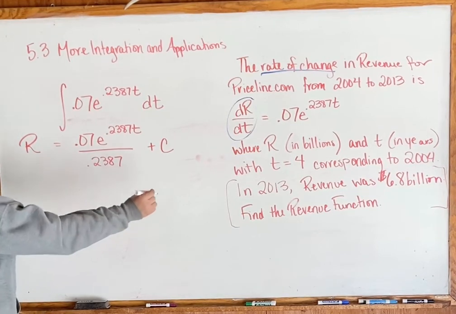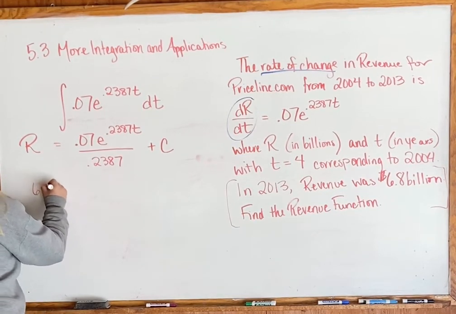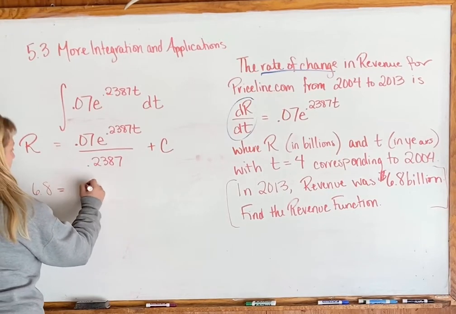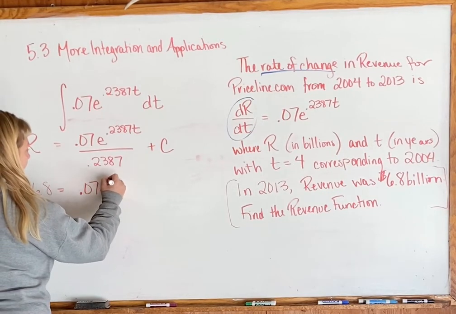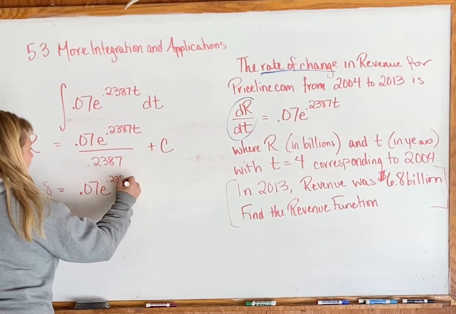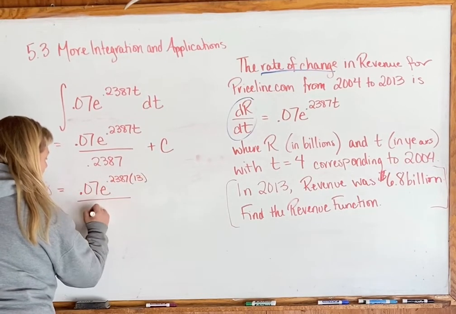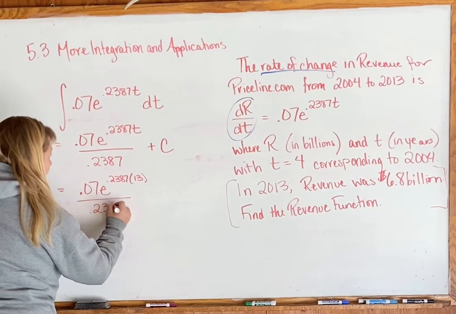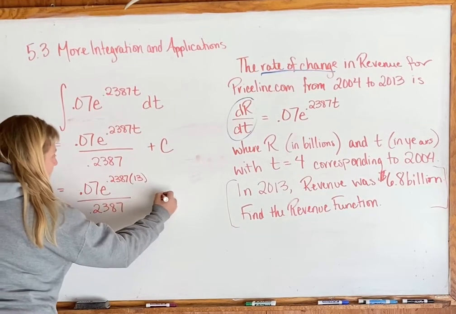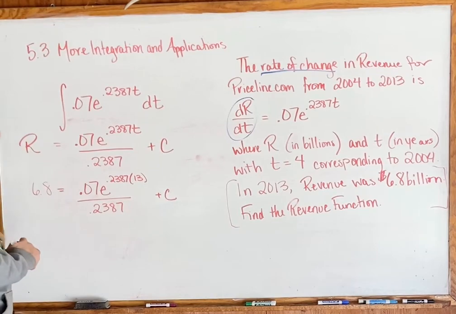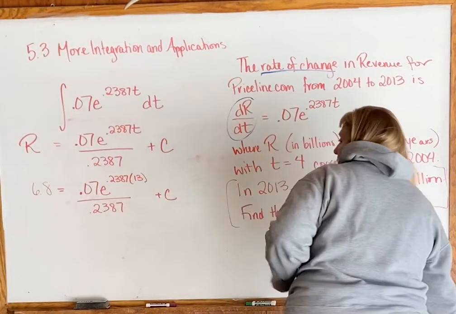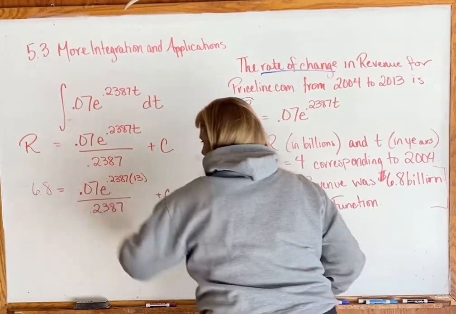So let's go ahead and do that. We're going to put 6.8 equals 0.07 e to the 0.2387 times 13 all over 0.2387 plus c. Now is the time for the calculator. So I'm just going to calculate this whole thing and see what it equals.